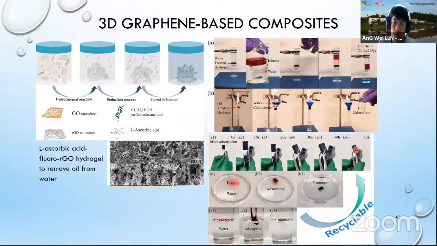So they just burned it, and after they burn it, it means that the toluene will be converted to carbon dioxide and water vapor, and it means that you regenerate your hydrogel adsorbents. Okay, so you can reuse it to remove the pollutants, and then you can burn it again to remove the pollutants, and then you can reuse it. So this is recyclable, which I think is quite interesting.